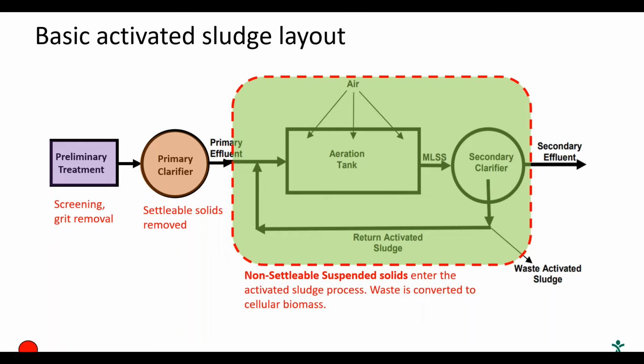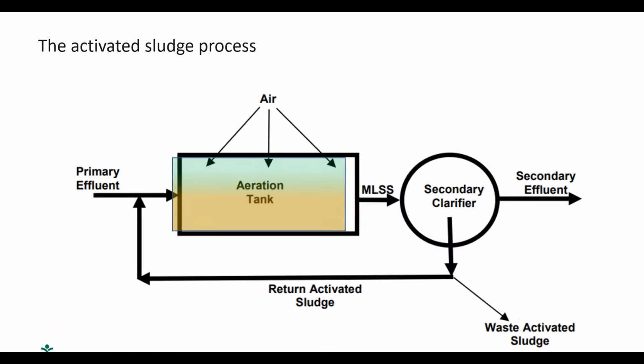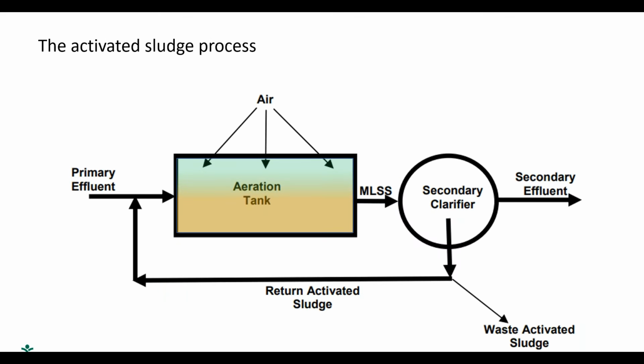And we're going to zoom in on that activated sludge portion now, looking at just the aeration tank, the secondary clarifier, and the return activated sludge flow. In this diagram here, we have the effluent. We call it primary effluent because it's coming from the primary clarifier, and that's bringing BOD and waste into the aeration tank.